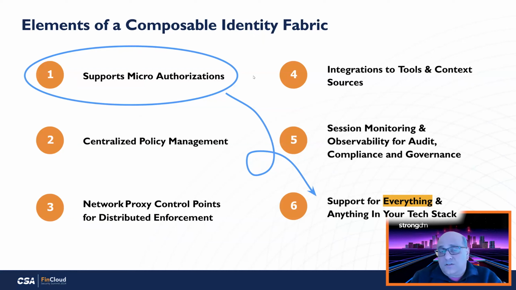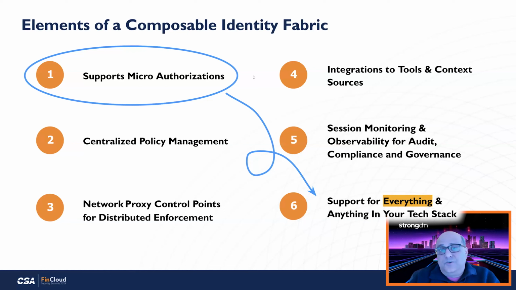So Gartner calls this a composable identity fabric. And one of the key aspects of that composable security fabric are these micro authorizations that we talked about. It also includes centralized policy management, integration with most of the common tools that are present in an enterprise, and then support for all of the things that are present in your tech stack, right?